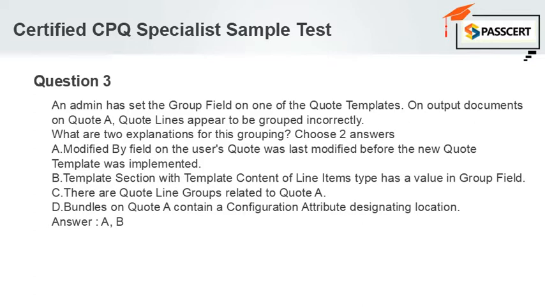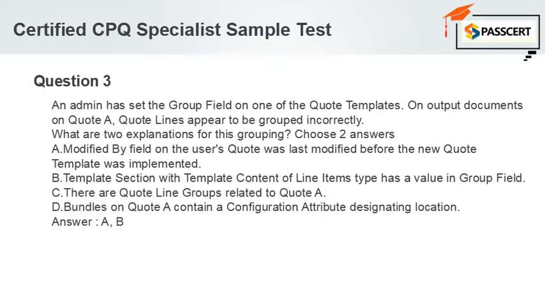Question 3. An admin has set the group field on one of the quote templates. On output documents on quote A, quote lines appear to be grouped incorrectly. What are 2 explanations for this grouping? Choose 2 answers. A. Modified by field on the user's quote was last modified before the new quote template was implemented.